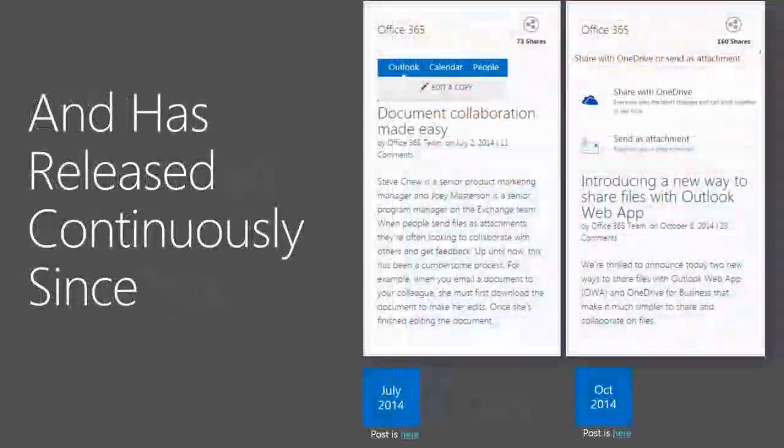All right, but then we've continued. So right after MEC, we actually released our first wave of these new document collaboration features, and we've been continuously releasing new features since. So to date, we've done two main things in OA. The first part is when sending an attachment, we allow you to easily access your files that are on your OneDrive for Business and share them without ever having to leave your email. Internally, we call these cloudy docs.